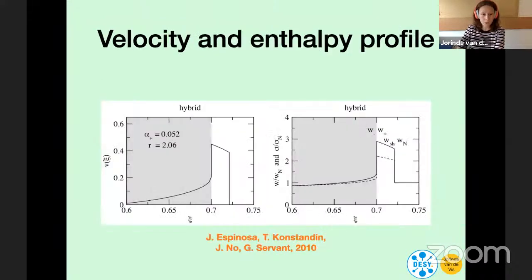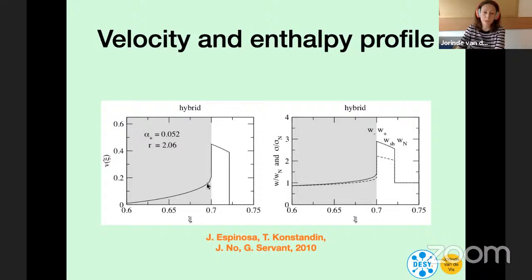So this is an example of a velocity spectrum. It turns out that these solutions are self-similar, meaning that they just depend on this coordinate ξ, which is the distance from the center of the bubble divided by the time since nucleation. So in this case, the wall velocity is 0.7.